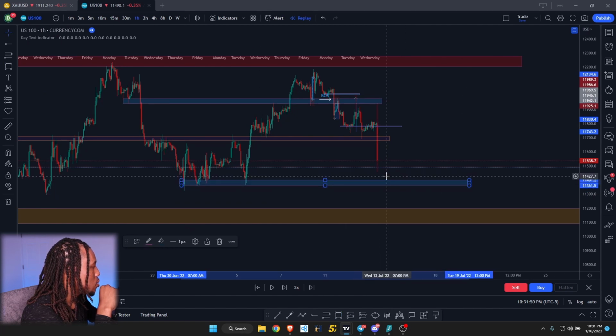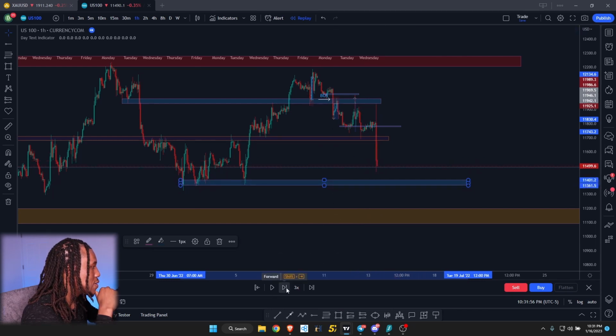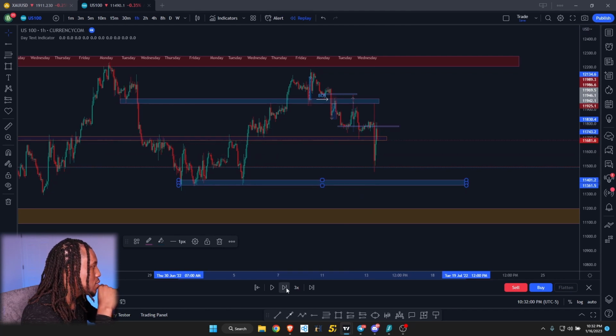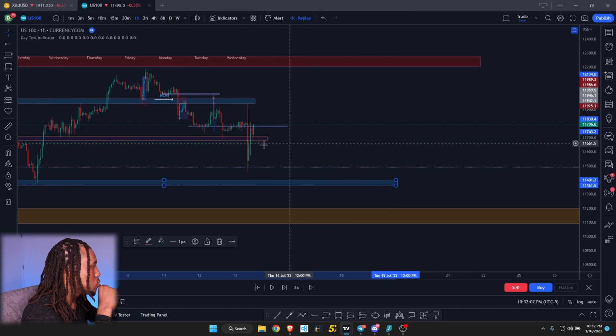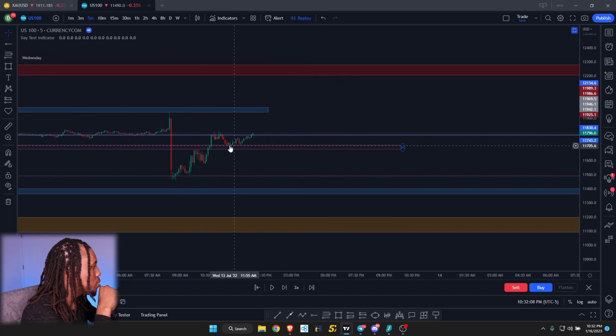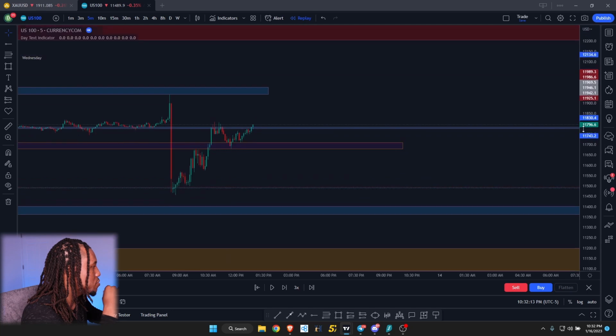Now, if price can actually tap into this level, I am going to take a buy position. Looks like price is leaving us. That's totally fine. Okay, so we have a break and a retest right here, 12 p.m. This would have been a perfect entry right here. Break, retest, that would have been a perfect entry.